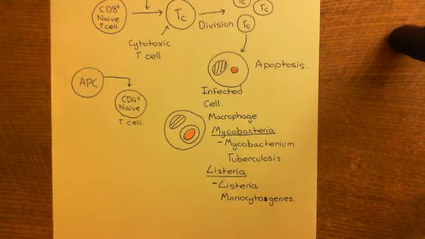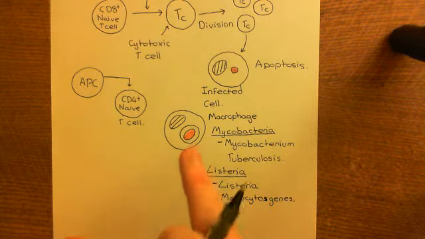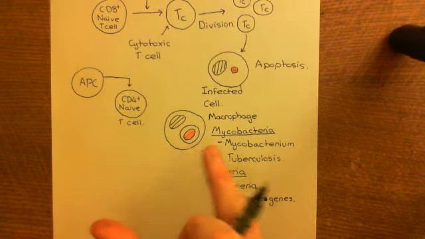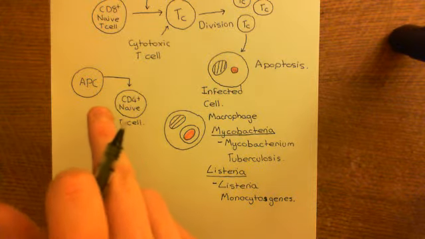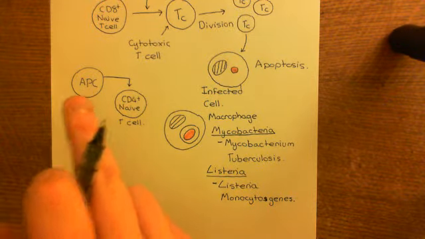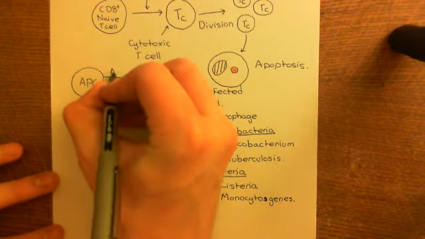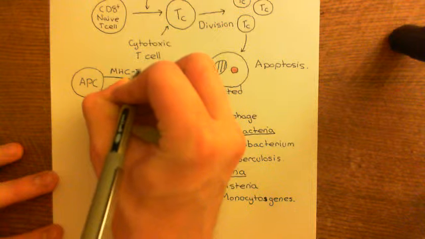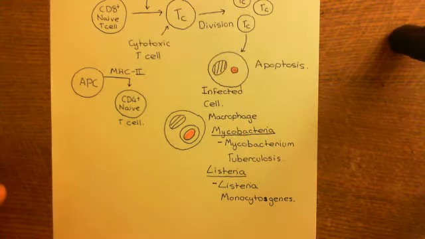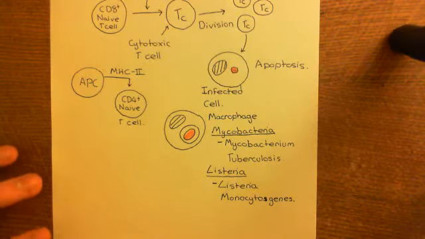So these are intracellular pathogens. However, they're not within the cytoplasm. Sorry, they're within a phagosome. So they too will trigger antigen presentation on MHC class 2, and therefore you will activate CD4 positive naive T cells, not CD8 positive naive T cells.